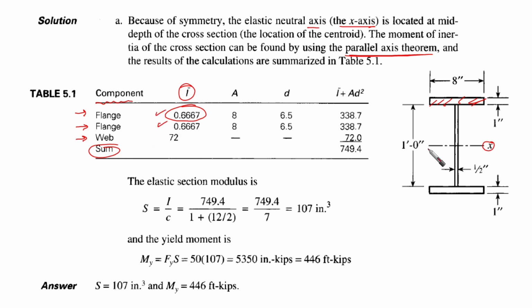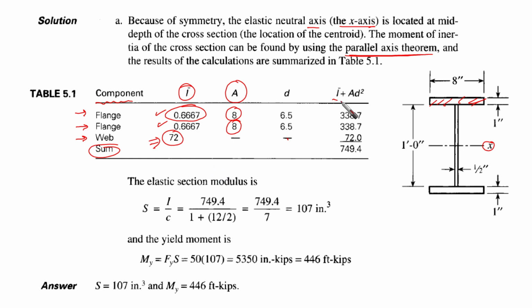Then you are going to put in another column the area of each element. We neglect the area and the distance of the web because it's not going to add very much for us.